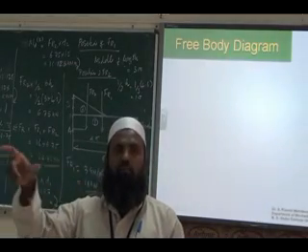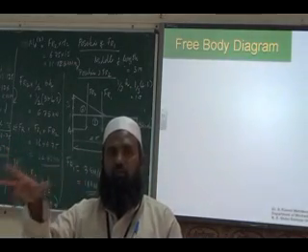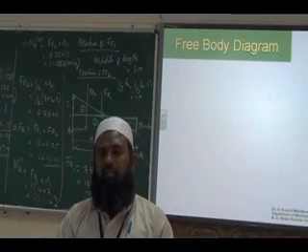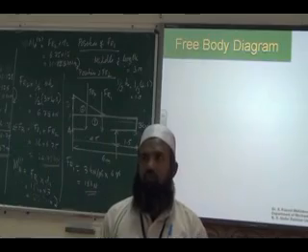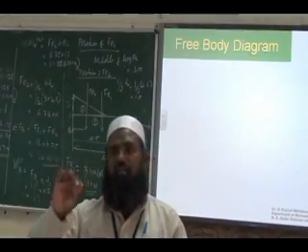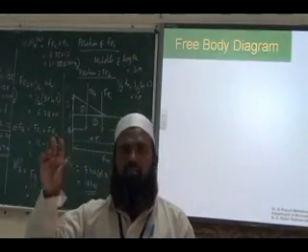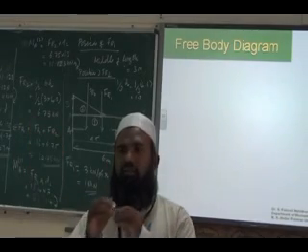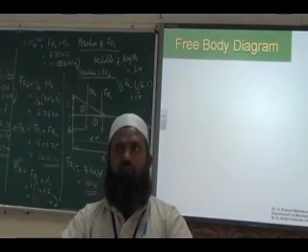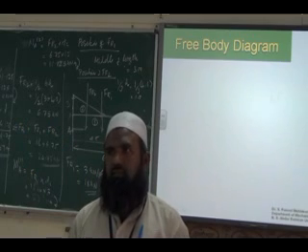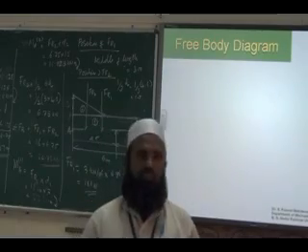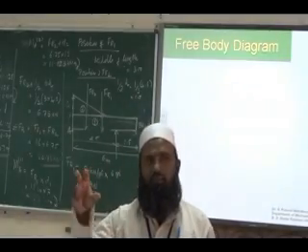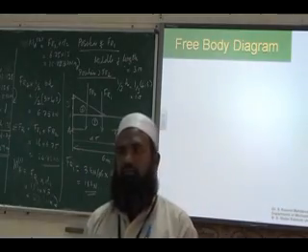So the cable is one body, one object. The hook is one object. The end which it is connected to is one object. If we draw the free body diagram for each object, one may represent one force or two forces. We consider an object which has maximum forces, so that we take it for the equilibrium condition.